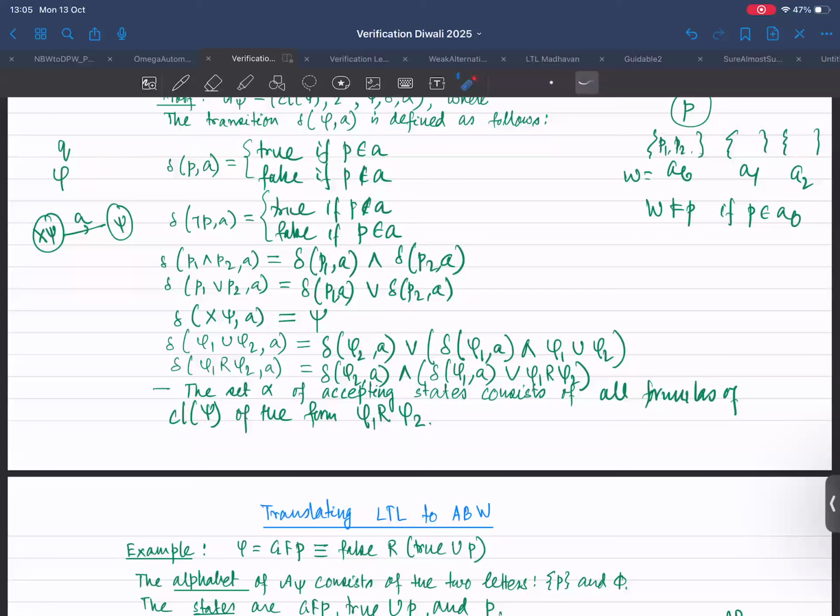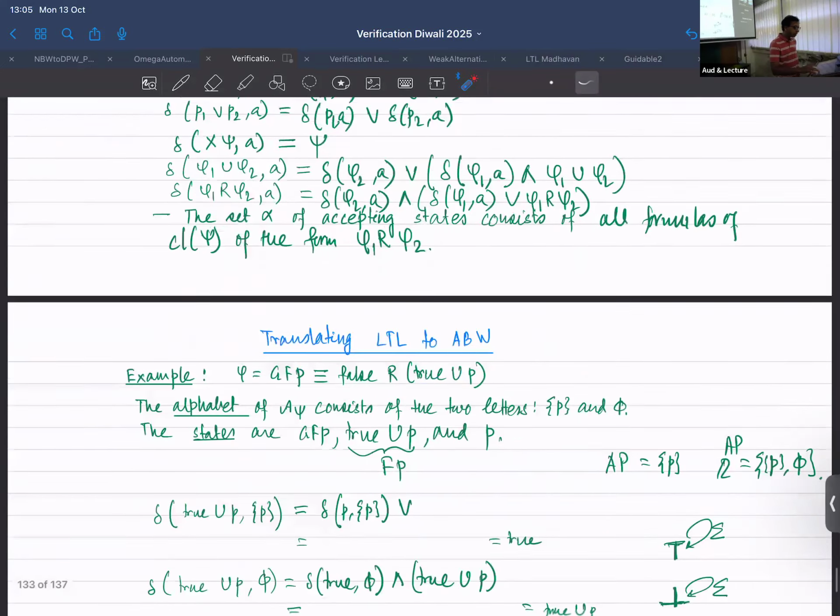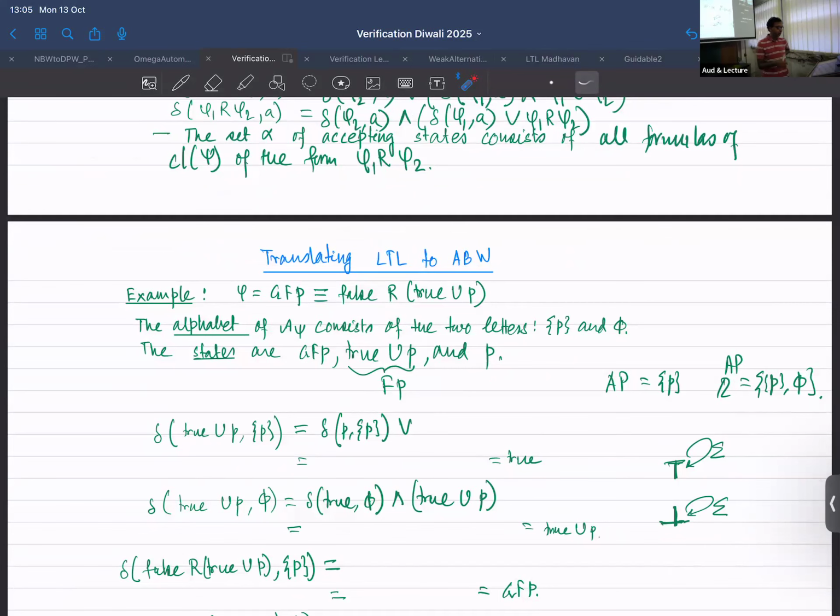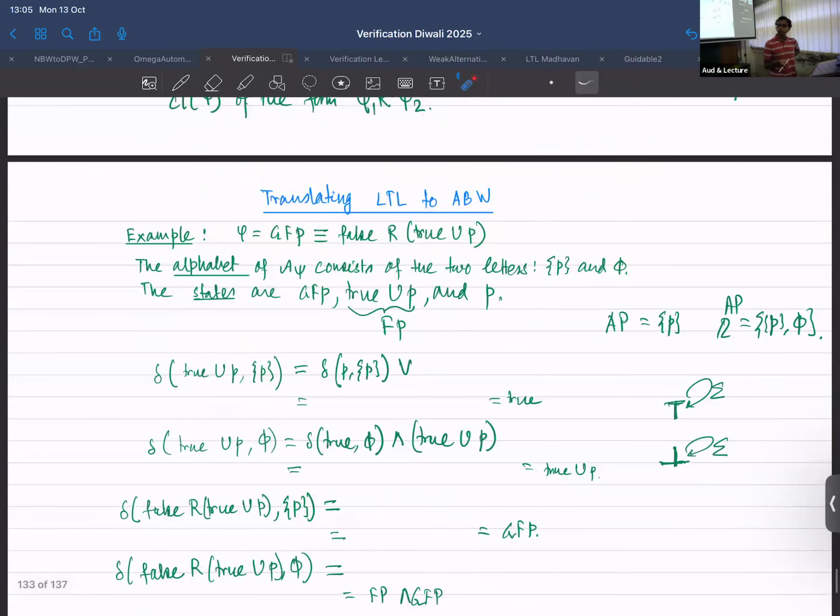Is the diagram something like that, right? What we'll do is, once we have these transition functions, we'll try to draw the automaton. Then it will become clearer also.